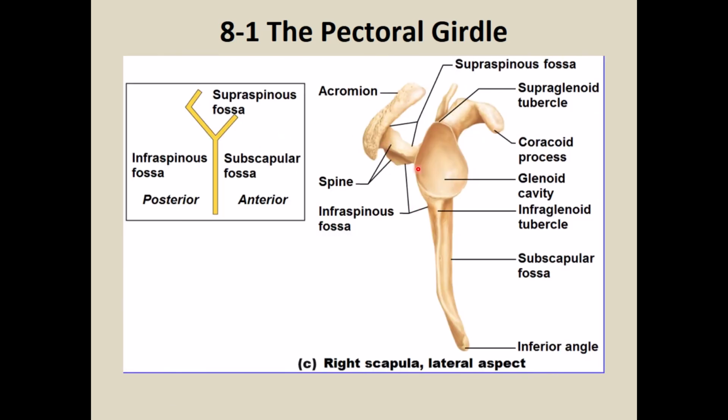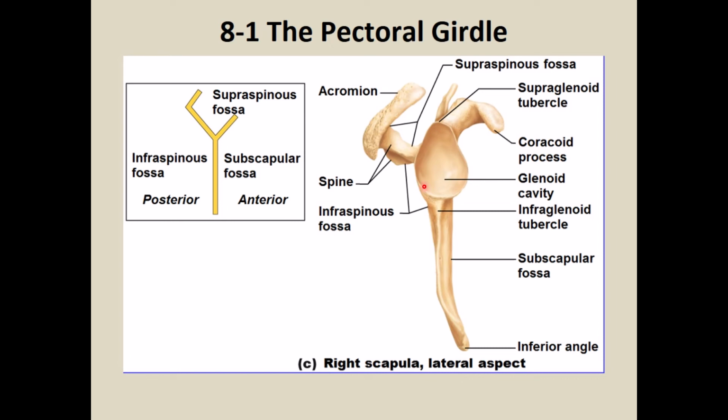This is the lateral view. The most important structure is this one. This is the glenoid cavity. Once again, the head of the humerus articulates here. There's some bony prominence here, supraglenoid tubercle and infraglenoid tubercle. This is the anterior surface, which is the subscapular fossa, and this is the posterior surface.